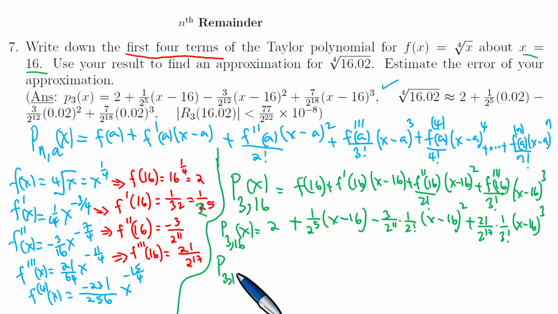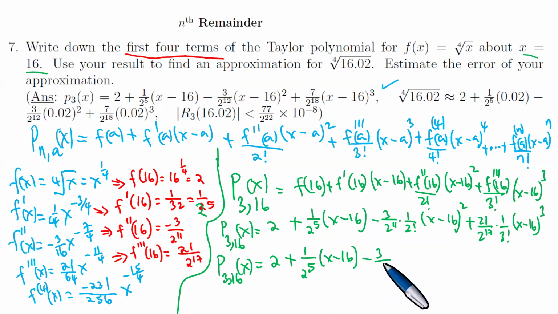Which is 3 over 16, which is 2 to the power 5, x minus 16. 2 to the power, so the 2 factorial is like 2, and then this is 2 to the 12. x minus 16, and then you square it.